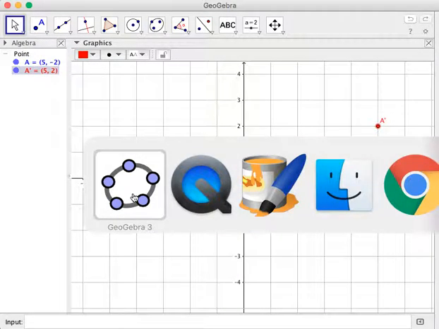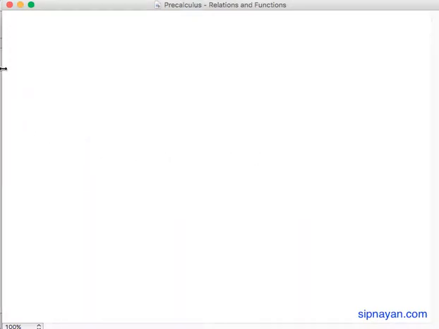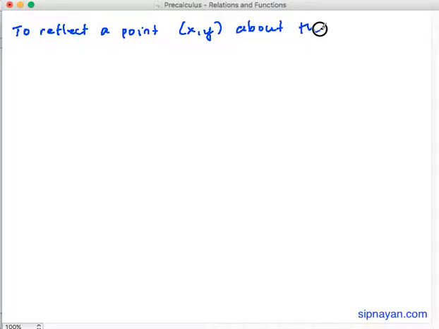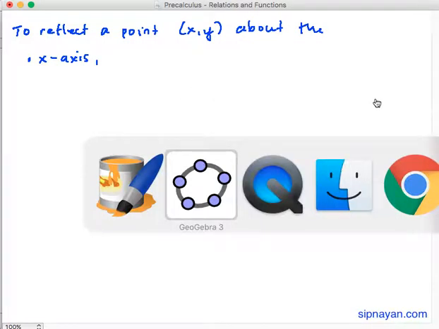So ibig sabihin, pag nag-generalize tayo, to reflect a point (x, y) about the x-axis, anong ginagawa natin sa coordinates?